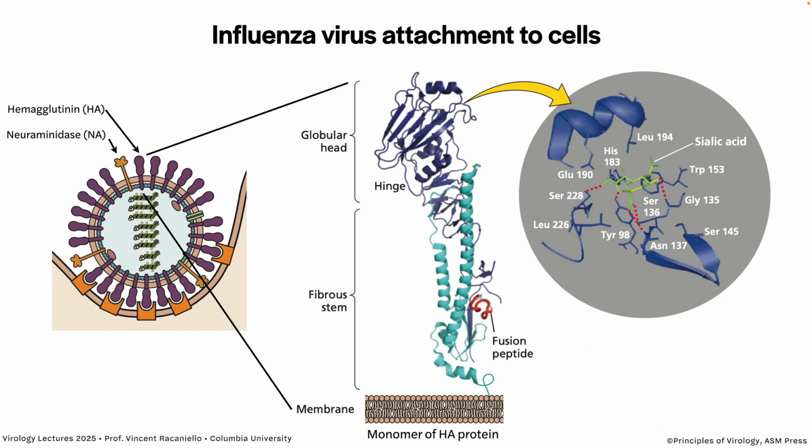And then we have a globular head. And if you look down onto the globular head, there's a pocket, and that's where sialic acid binds. So sialic acid is the receptor. I'm going to show it to you in a minute, but it's here in green, and it's interacting with various amino acids in that pocket. So that's how the HA of flu attaches to sialic acid via this pocket.